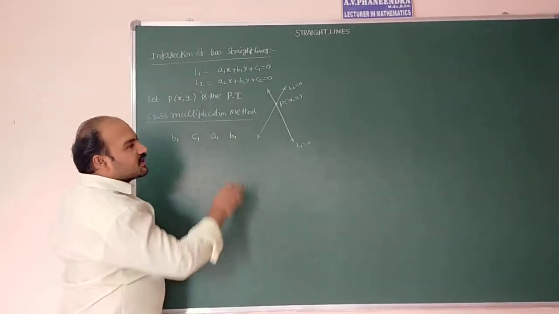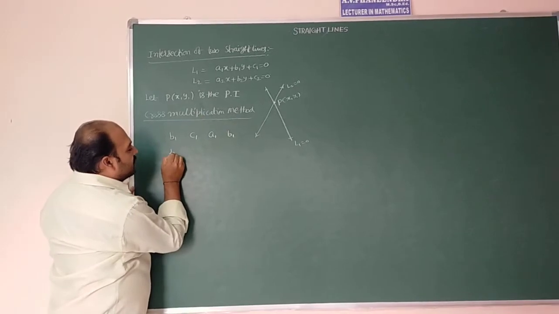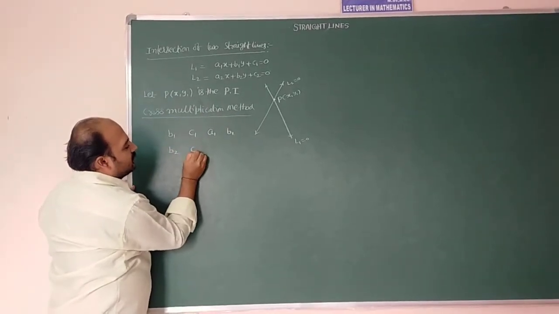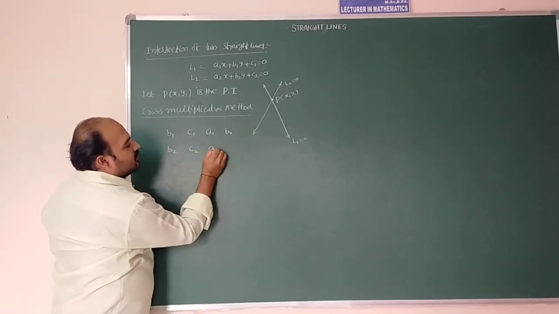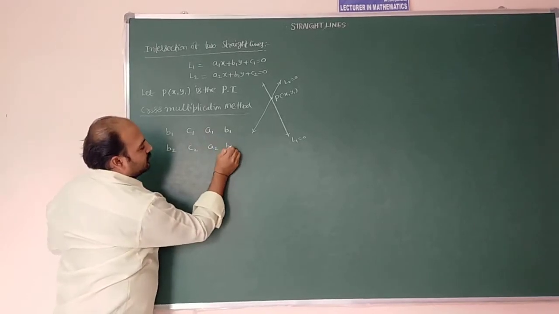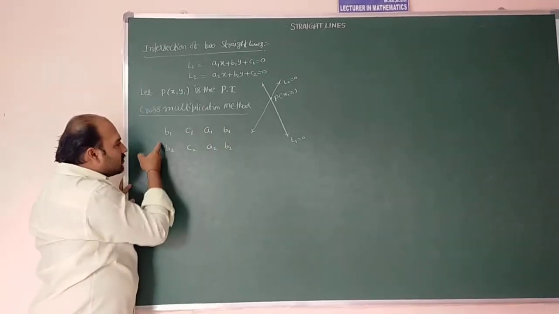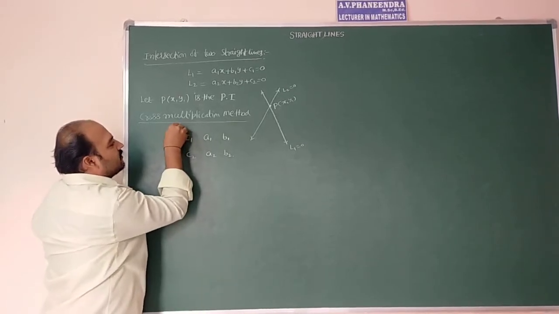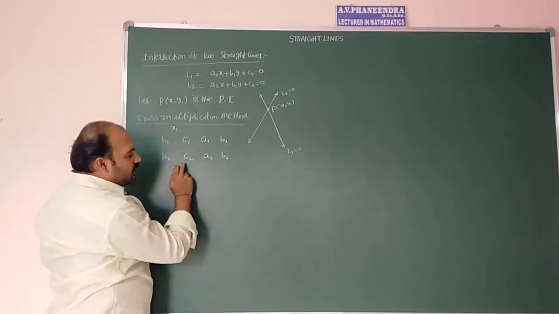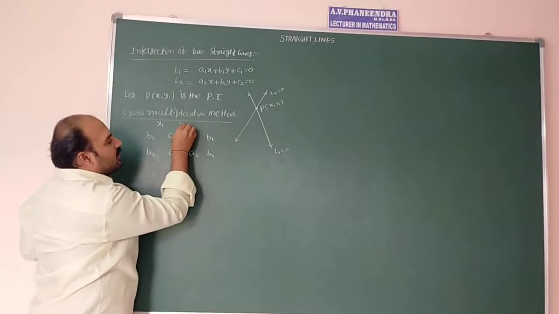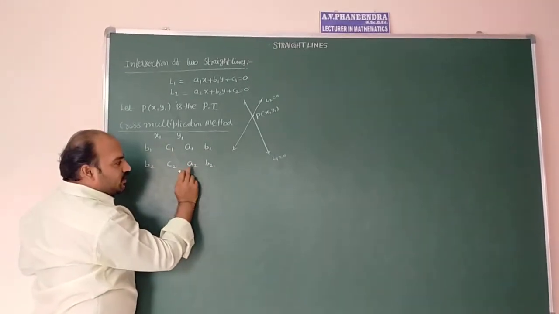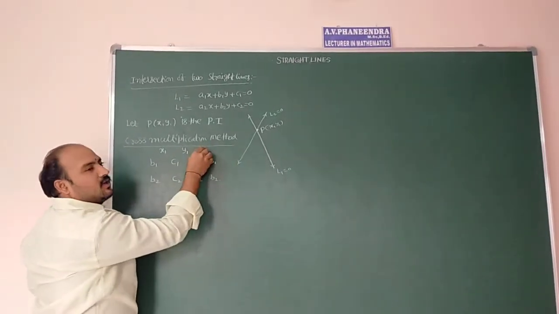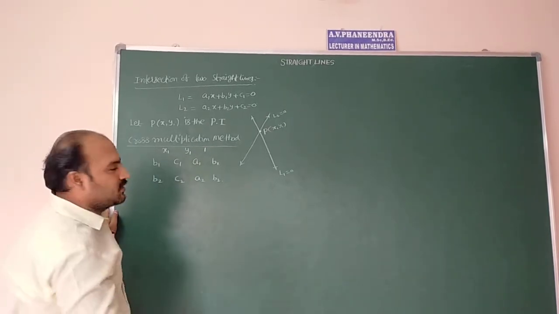In the second equation, the y coefficient we have to write, next the constant, next the x coefficient, again the y coefficient. Between the first two columns you have to write x1, between the next two columns you have to write y1, next between two columns you have to write 1. This is the general procedure.